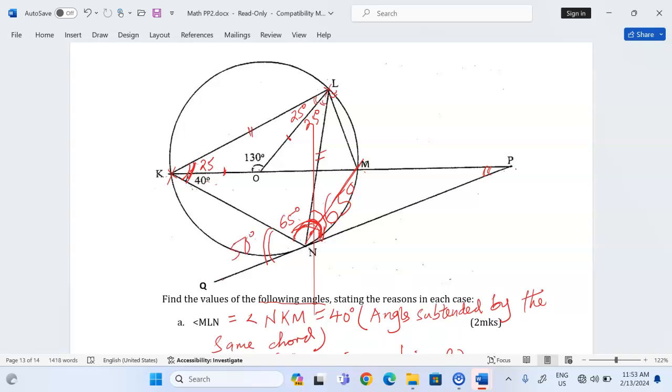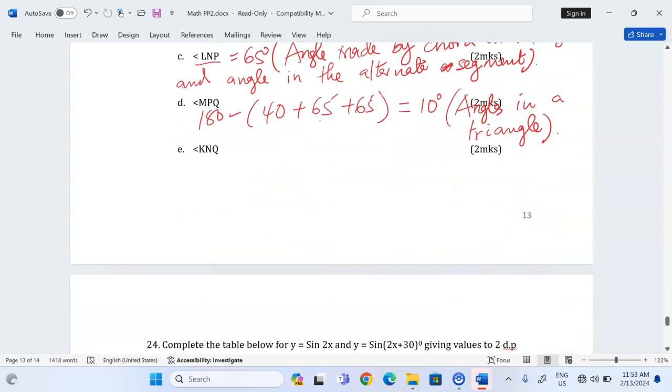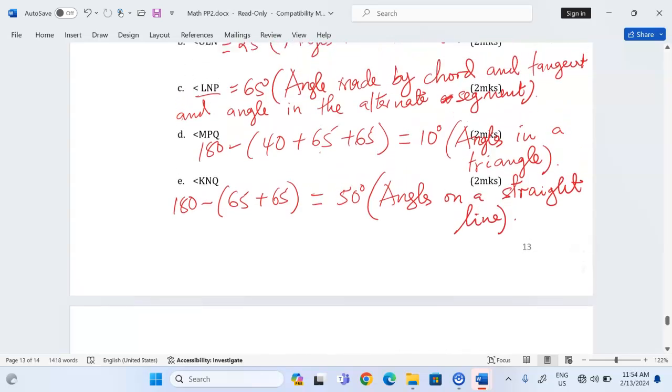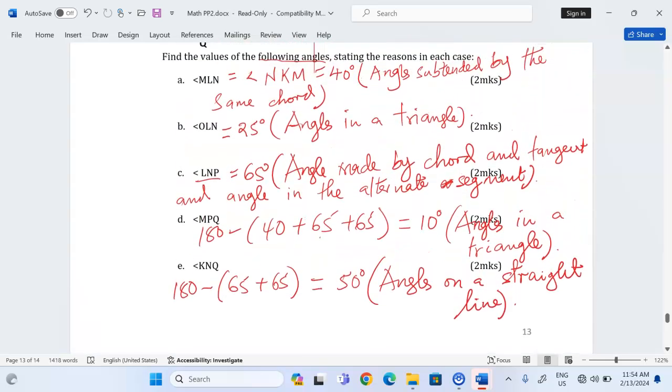That is one way. So we can have 180 minus 65 degrees and 65 degrees, which give us 130. So 50 degrees, angles on a straight line.